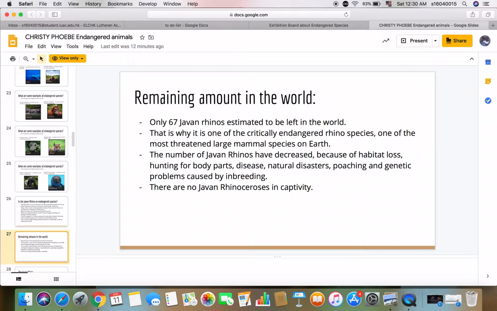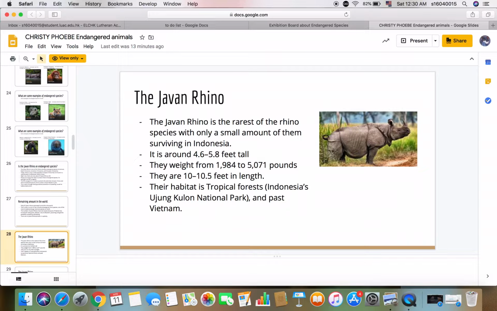The number of Javan rhinos has decreased due to habitat loss, hunting for body parts, disease, natural disasters, poaching, and genetic problems caused by inbreeding. There are no Javan rhinos in captivity. So, the Javan rhino is the rarest of the rhino species, with only a small amount of them surviving in Indonesia.